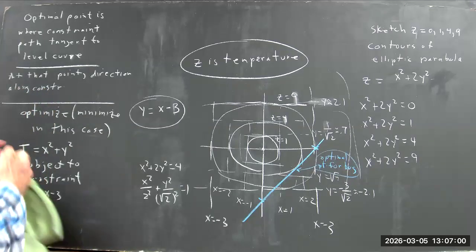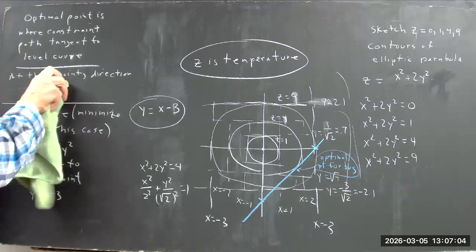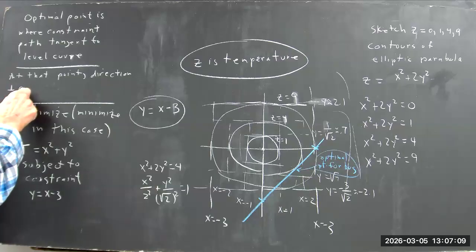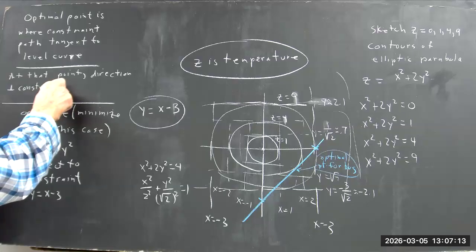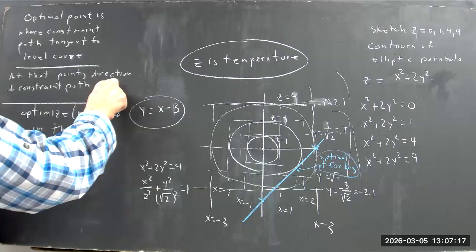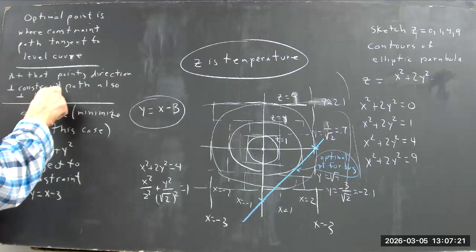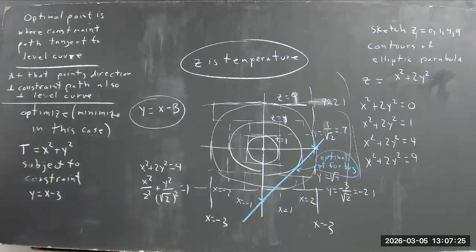I just said direction perpendicular. I think maybe I could have written that down. The direction perpendicular to the constraint path is also perpendicular to the level curve.